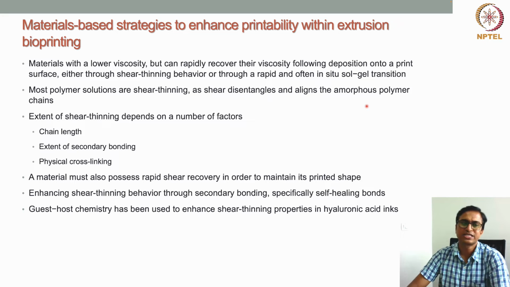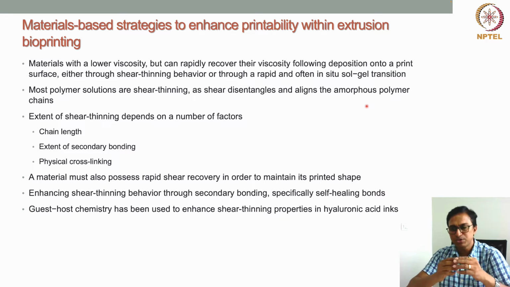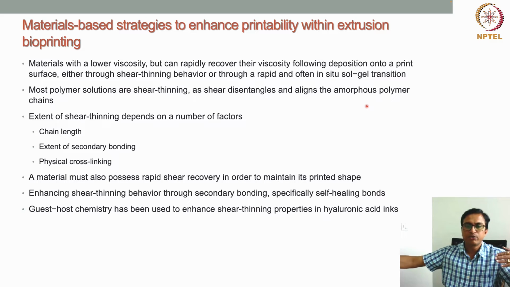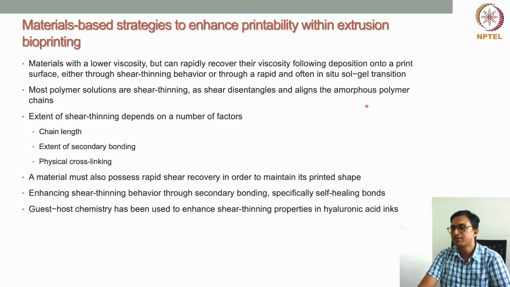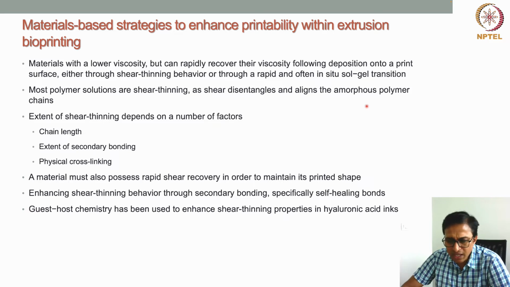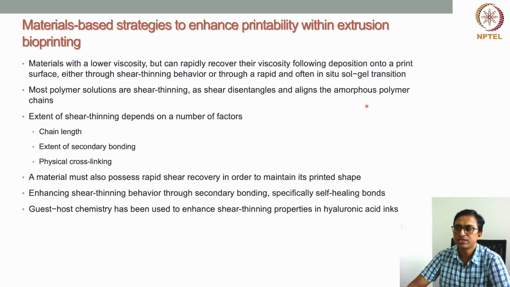These are the factors. The chain length of a polymer determines the shear thinning property, because if the chain lengths are very long, then longer chain polymers will always have a higher chance of getting entangled with each other than shorter chain lengths. Another factor is the extent of secondary bonding, such as intra or intermolecular hydrogen bonding, hydrophobic interaction, and physical interaction within the polymer.